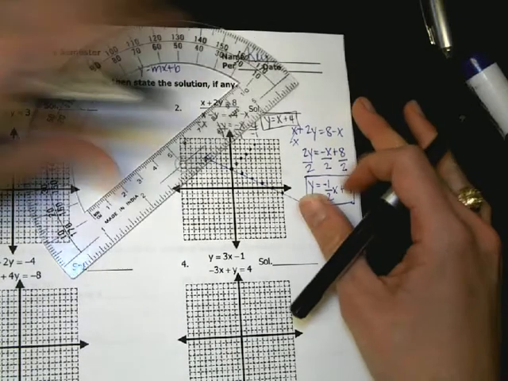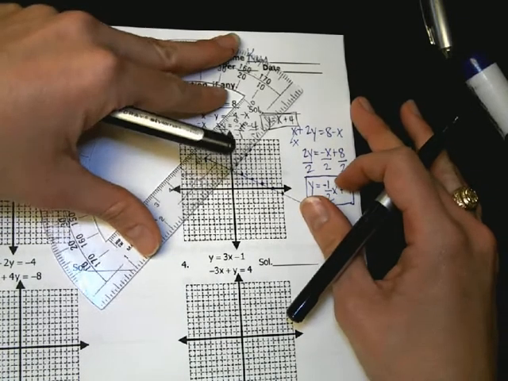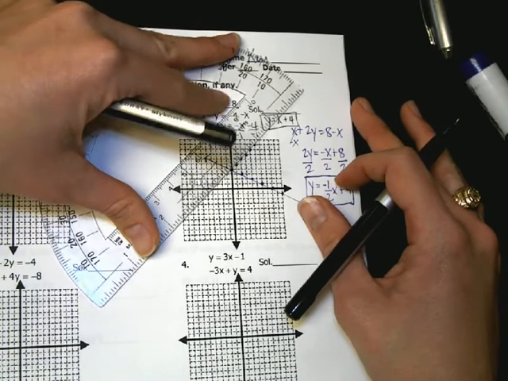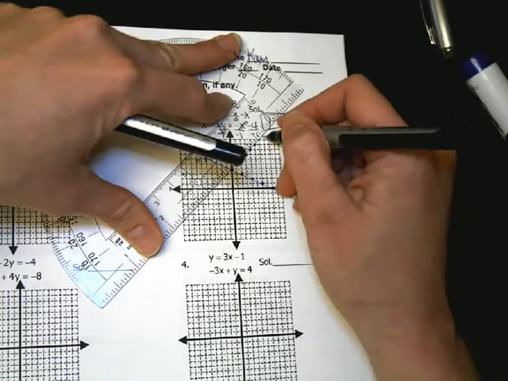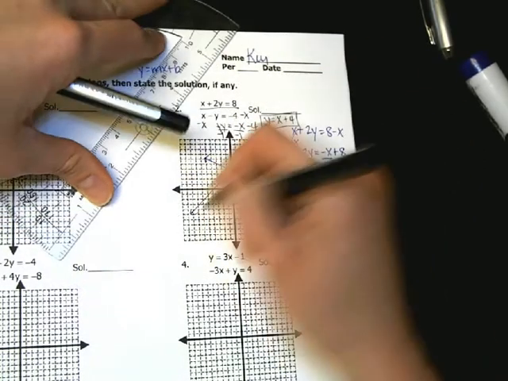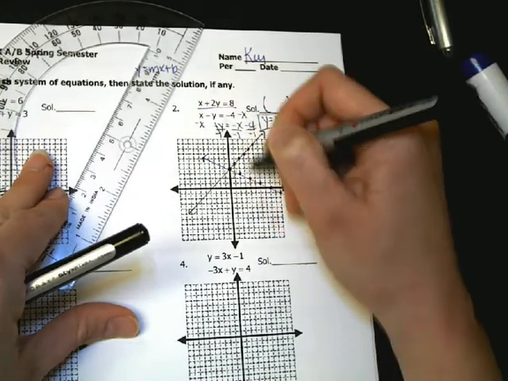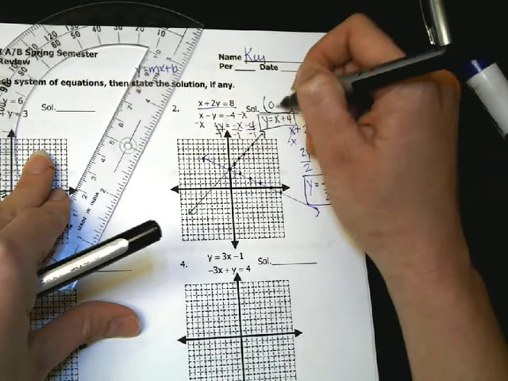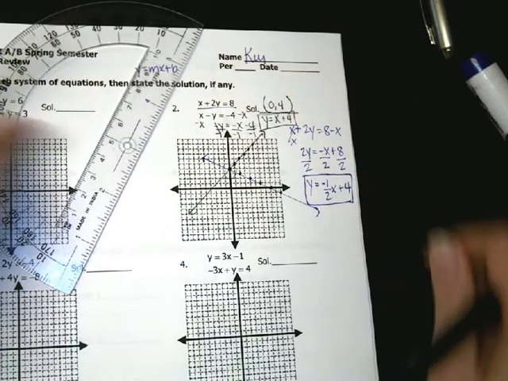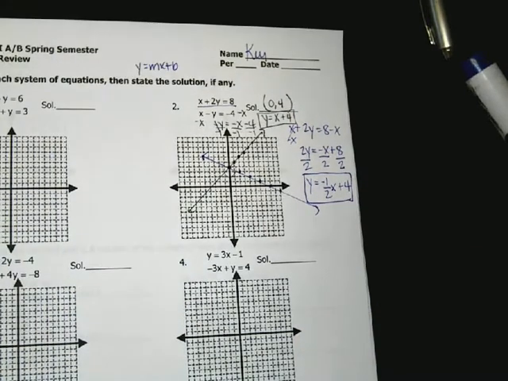What's cool is, since both started at positive 4, I know that that y-intercept is actually also my solution. So my solution here, where they cross, is (0, 4). Notice they have one solution because they cross at one point.